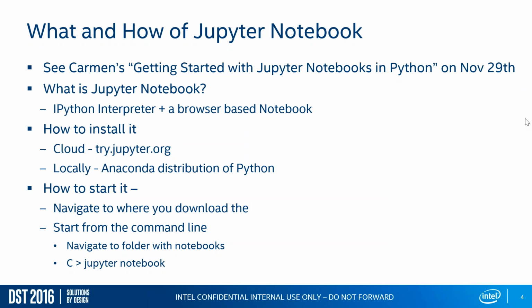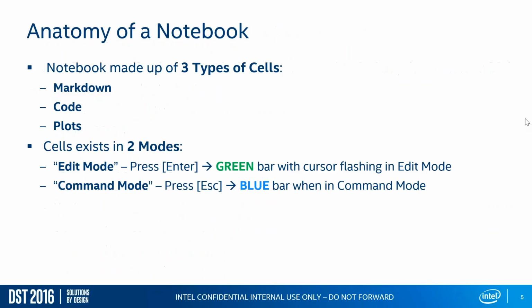Okay. So we've got through launching Jupyter Notebooks from your drive, and I'm going to give you a quick overview again. I know that Carmen went through some of this, but I just want to make sure we're all on the same page here. Quick anatomy of the notebook. You basically have three different types of cells. You've got your markdown, you've got your code, and you can also plot out data.